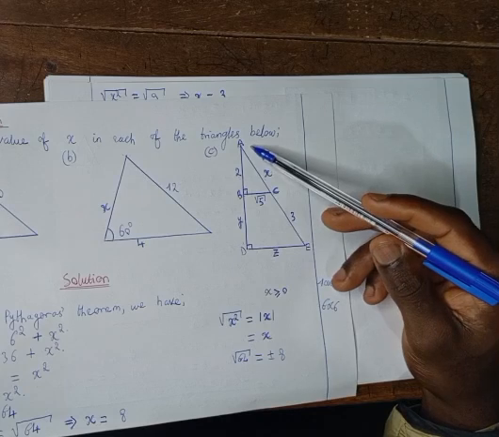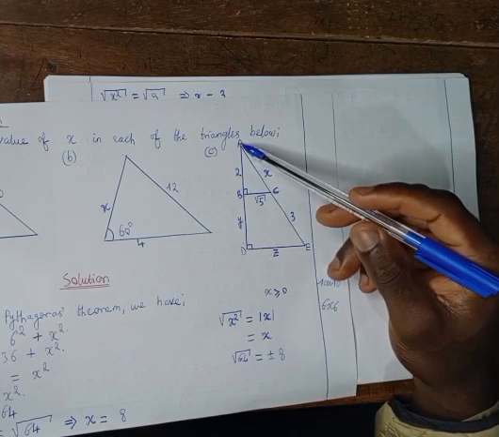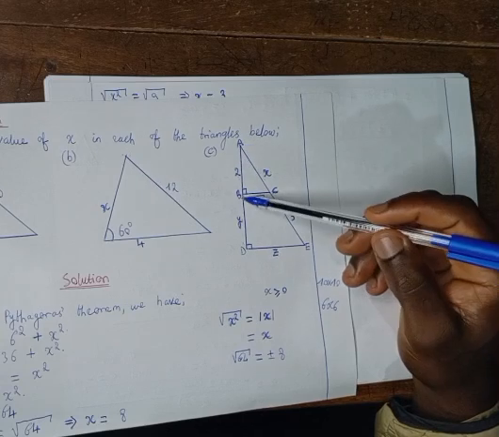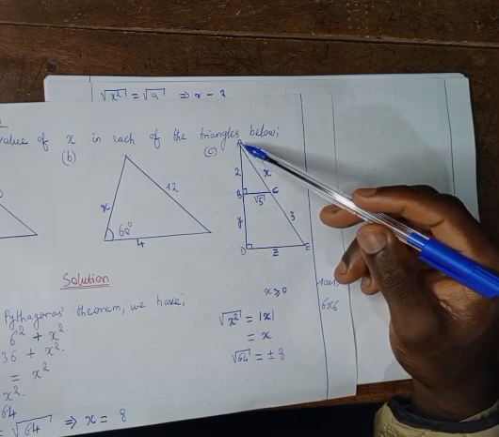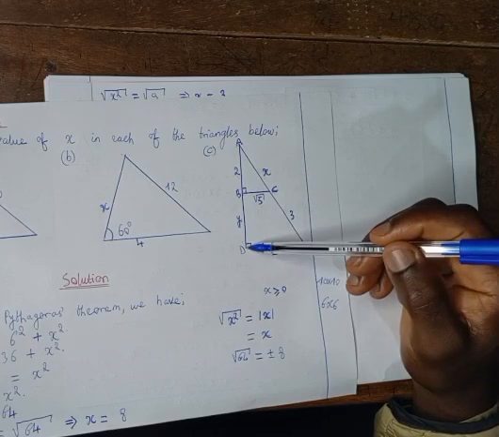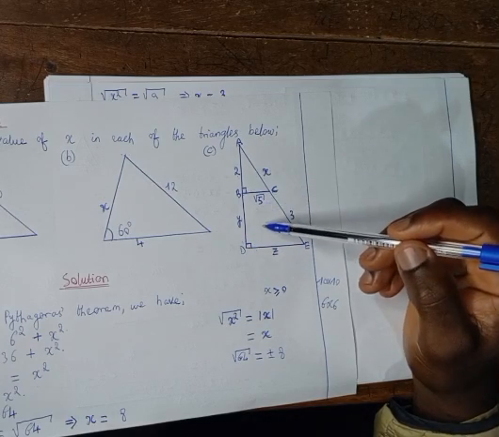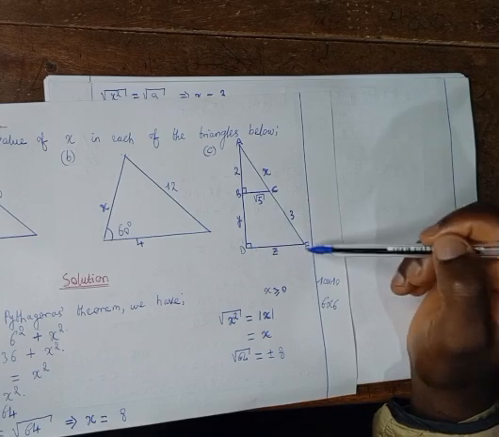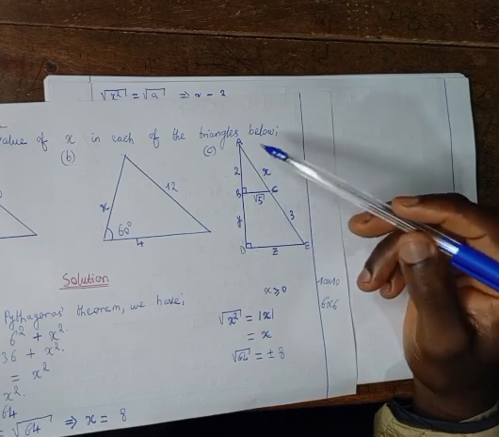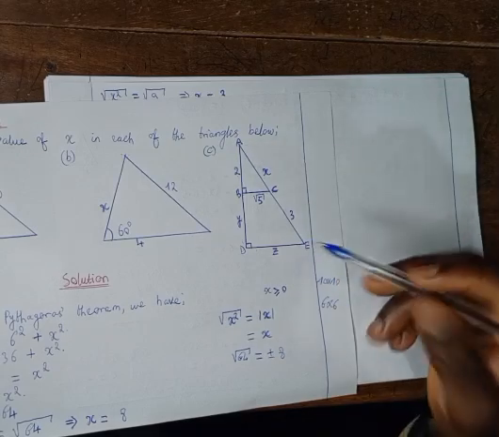So if I take the ratio of the side AB to AD, it must be equal to BC to DE. It must also be equal to AC to AE.